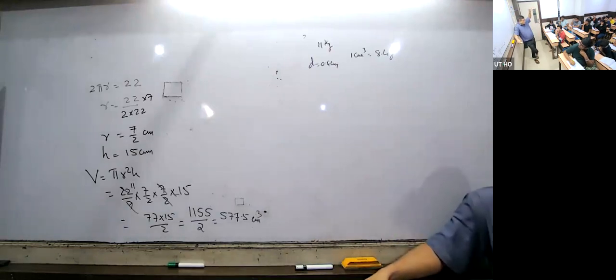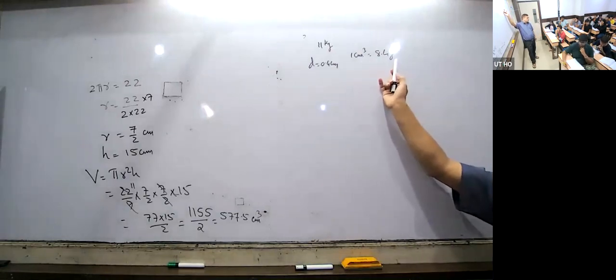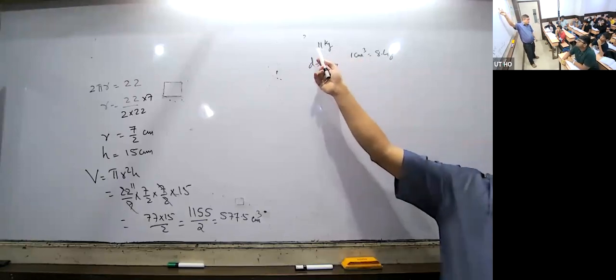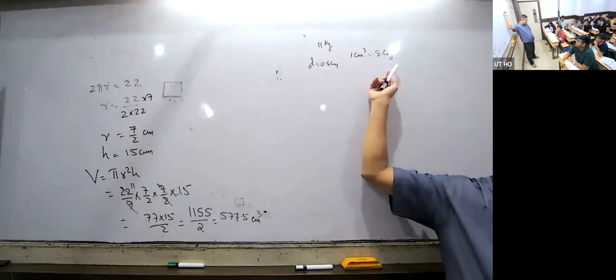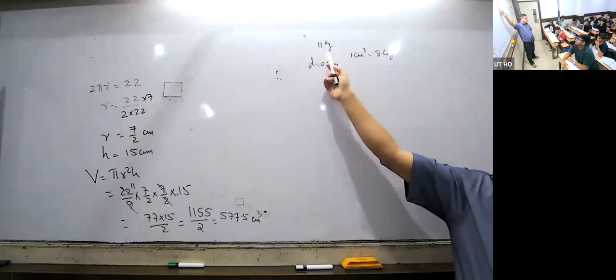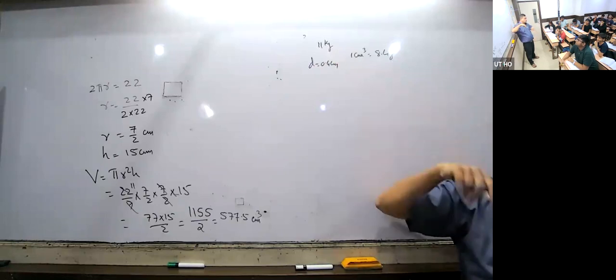Now, listen carefully. The weight is given and the next condition is, 1 centimeter cube of wire weighs how much? 8.4 gram. Therefore, what will be the volume? Total weight divided by weight for 1 centimeter cube. Total weight is equal to how much? 11 kilogram. That is in kilogram and this is in gram, so you have to convert.